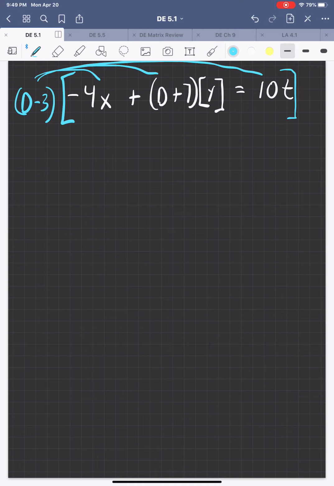Okay, so even if you are ahead of me, even if you are working ahead, that's perfectly fine. Just when I tell you to take a look up from your notes, please do take a look up from your notes because there's one key part. All right, now I'm just going to go ahead and write (D minus 3) operating on negative 4x.